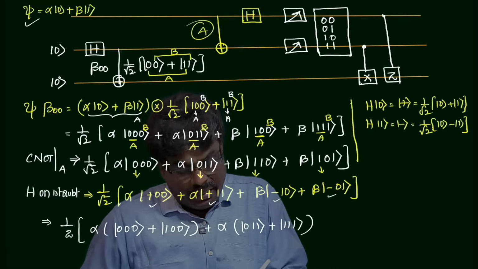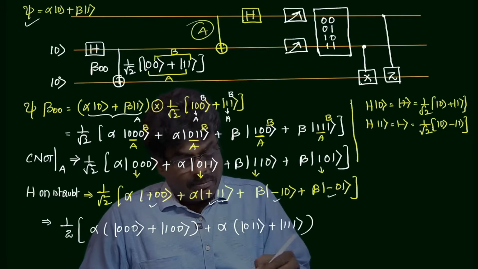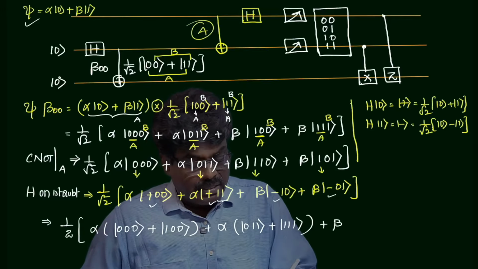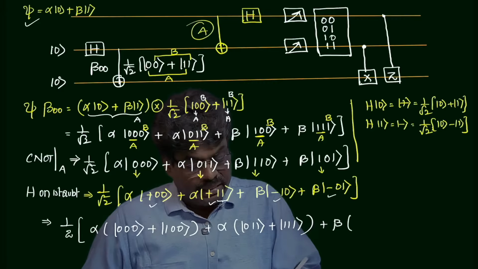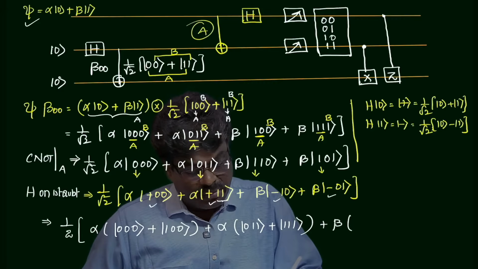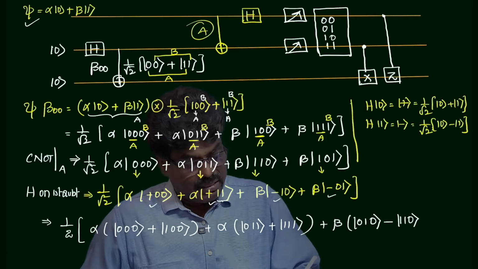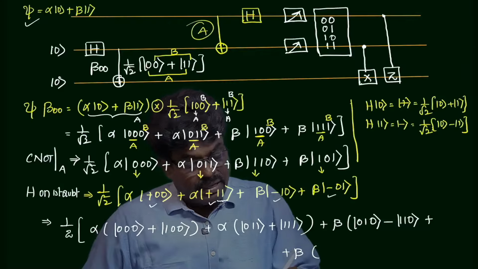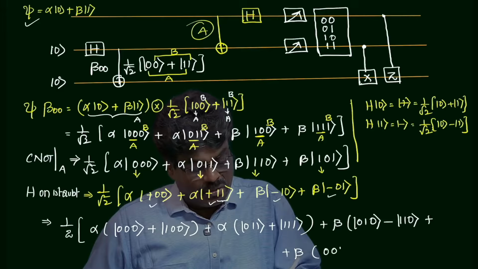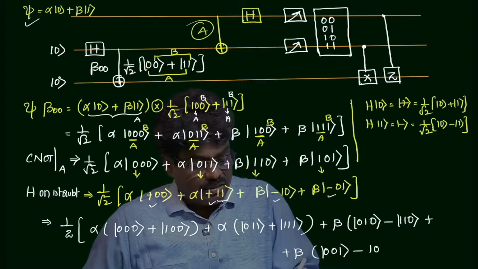Already two qubits 1 1 are there, so just introduce that plus state, plus beta. Here we are writing the minus state, which is 0 minus 1, that's why it becomes 0 1 0 minus 1 1 0, sorry, one more is there, plus beta. Here I am substituting minus, that is 0 0 1 minus 1 0 1.